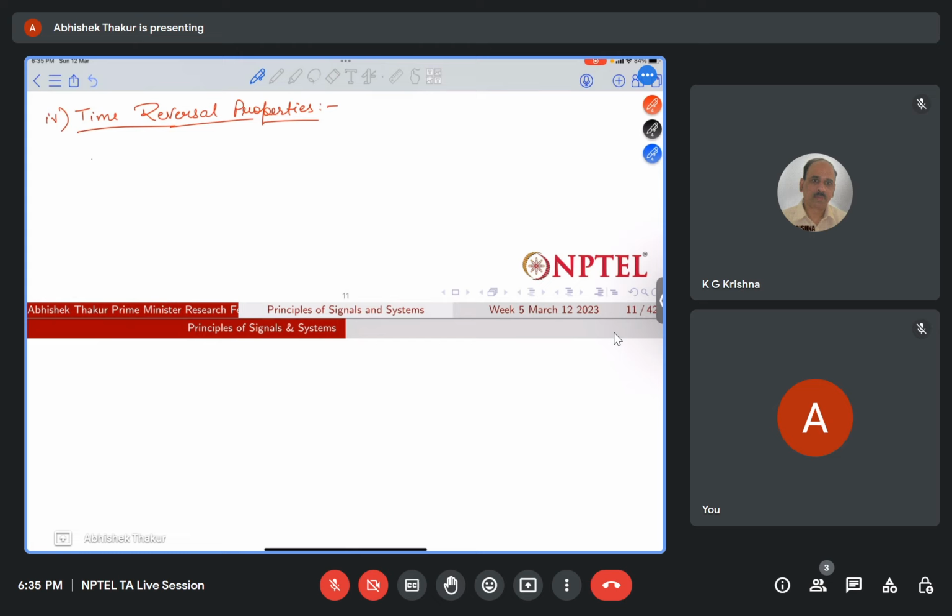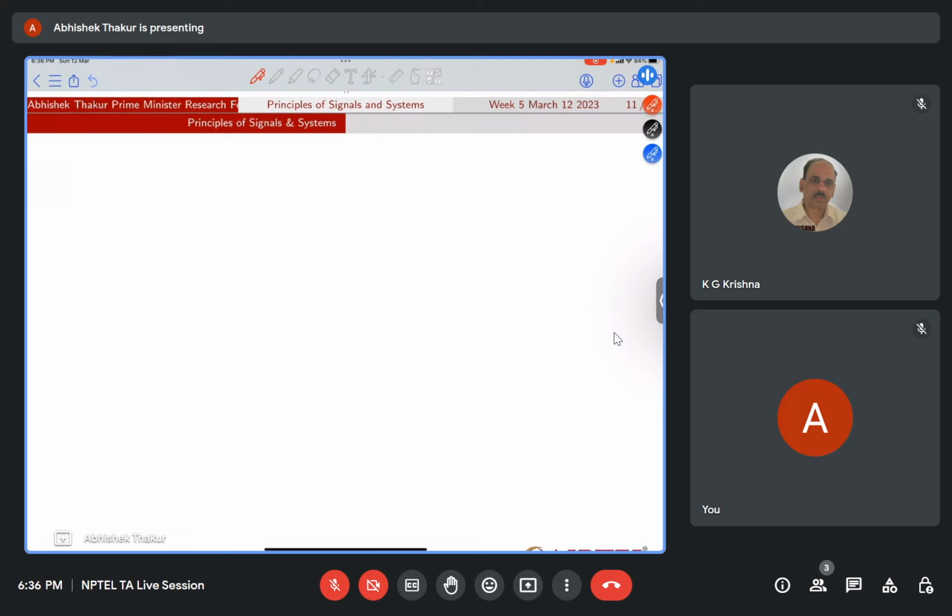In this, if the Z transform of x[n] is given as X(z), then the Z transform of x[minus n] is given as X(z inverse), that is equal to X(1/z). So we have to replace z by 1/z. If the ROC of X(z) is R, then the ROC of X(1/z) will be 1/R. We can prove this also simply using the formula of the transform.